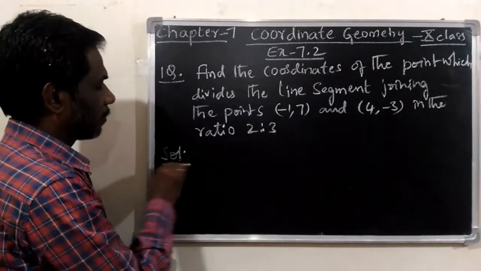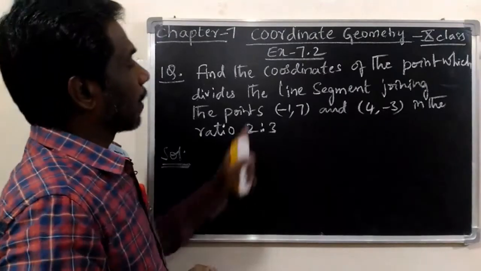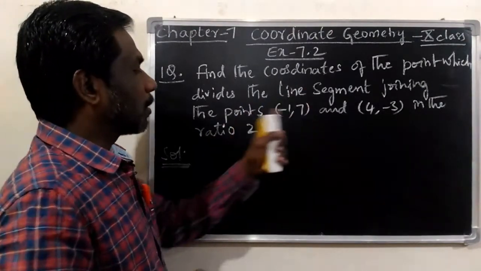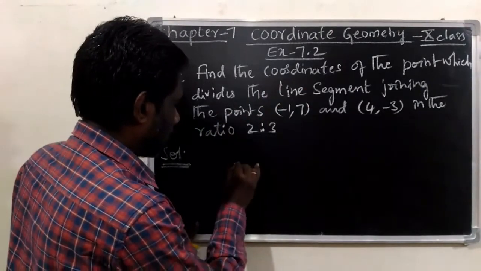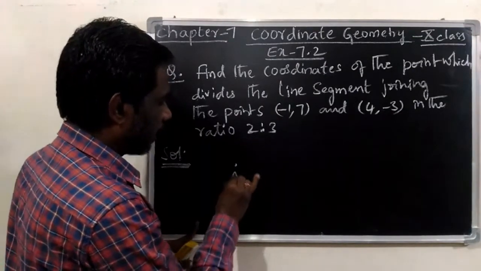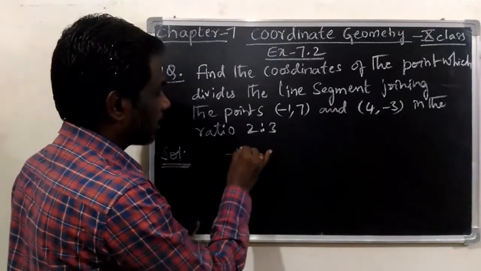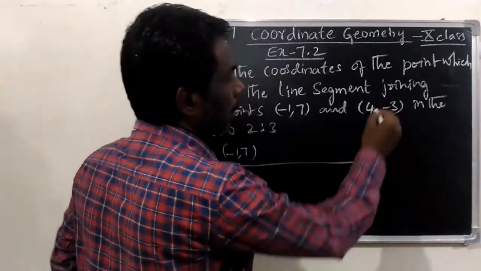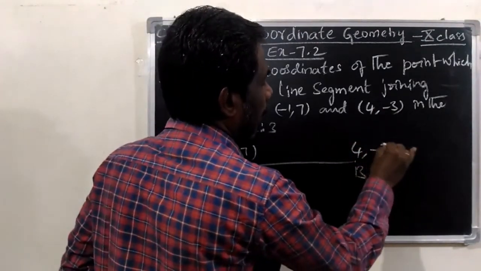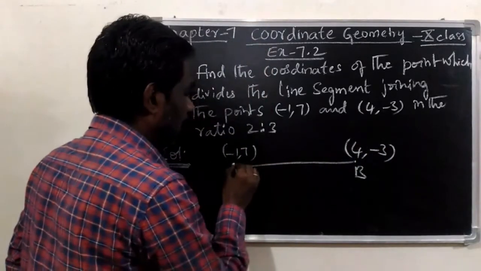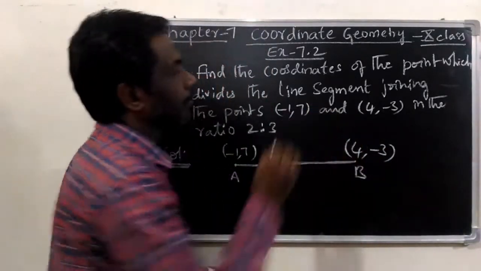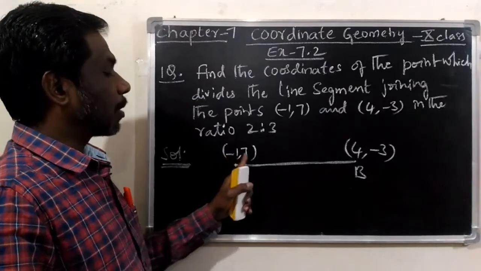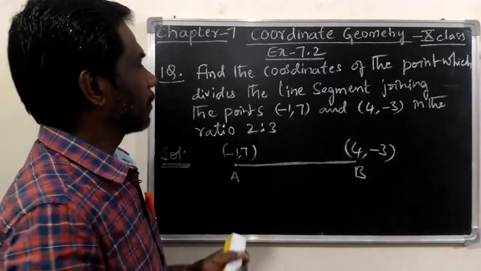Let us solve it. See, the line segment joining the points: the first point is A, that is (-1, 7), and the second point is B, that is (4, -3). This is the line segment joining the points (-1, 7) and (4, -3).